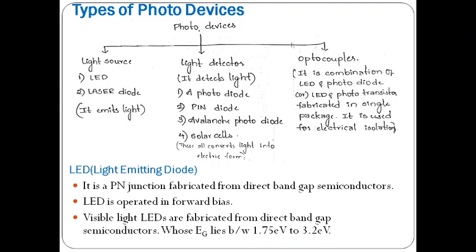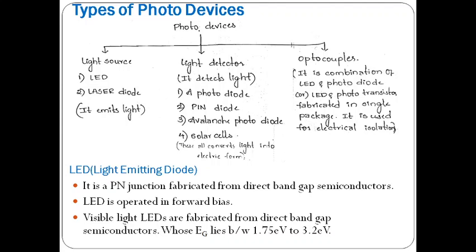So the momentum of the electron has different values at different energy levels. That means the momentum of the electron varies with the energy levels, so it is not the same at all points in the recombination process. Clear? The examples of indirect band gap semiconductors are silicon and germanium.